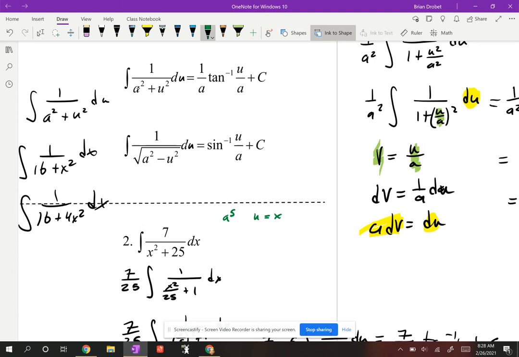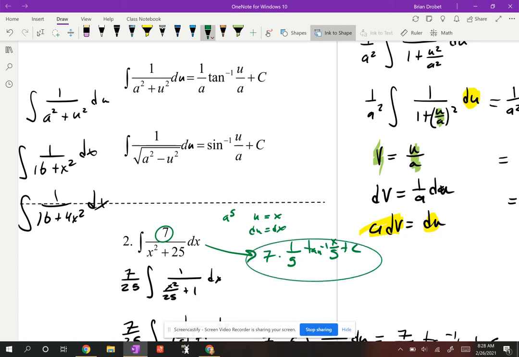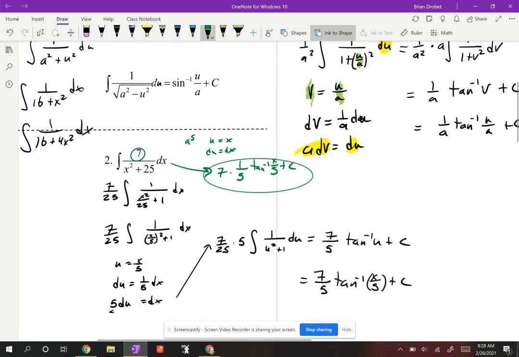And so that makes my du just equal to a dx. And so the antiderivative of this is therefore going to be the 7 I have in the numerator times 1 over a inverse tangent of u over a plus c. So I'd end up with 7/5 inverse tangent x over 5 plus c, which is the same thing I got right there.